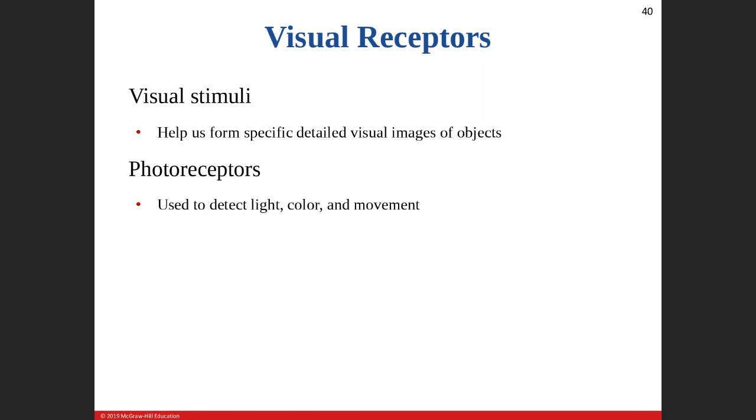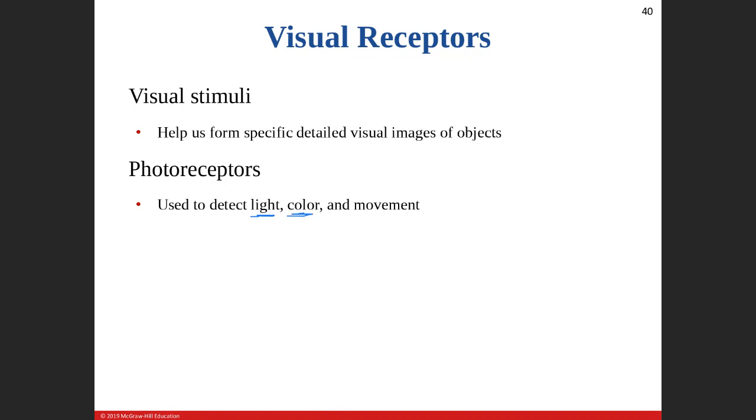KISS principle. When we are discussing this sense, remember we have receptors, and the receptor's job is to monitor a stimulus. The stimulus is going to be light, and there are three characteristics of light. One, how intense the light is.